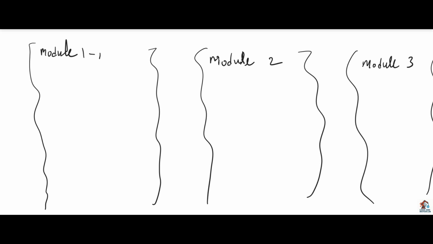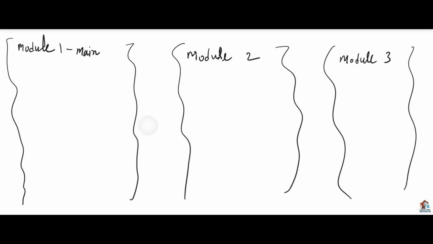So for example, this is our main module. You can have multiple modules for different work, and you can call all of them into module 1 and execute in sequence.